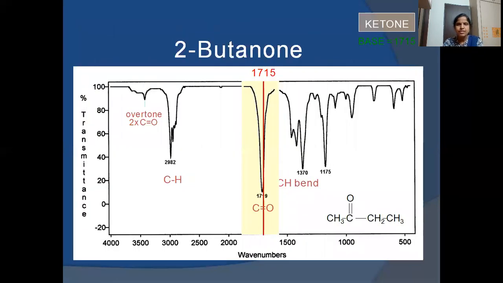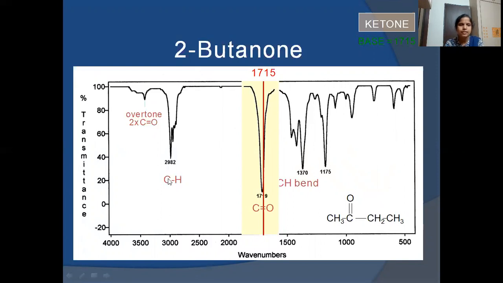So the first example, let us discuss 2-butanone. 2-butanone is a ketone. It has C double bond O, and the other carbons are sp3 hybridized. As I said, first we have to start looking for the absorption bands right from the 3000 mark.